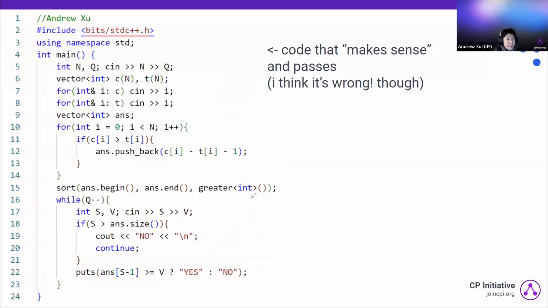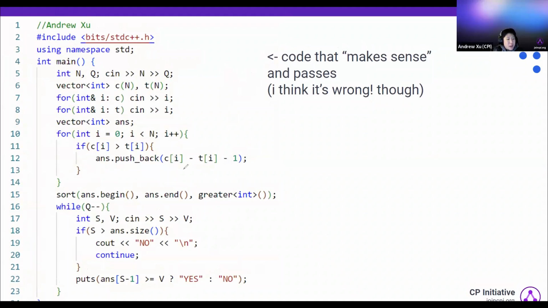Here we get all the differences, and then we sort from greatest to least, and if the answer at the index minus 1 is greater than or equal to the number of barns she wants to visit, we output yes, and if not, no. But this is actually wrong because there are some cases with negative values, so it doesn't cover every single one, because answer.size() is smaller than n.